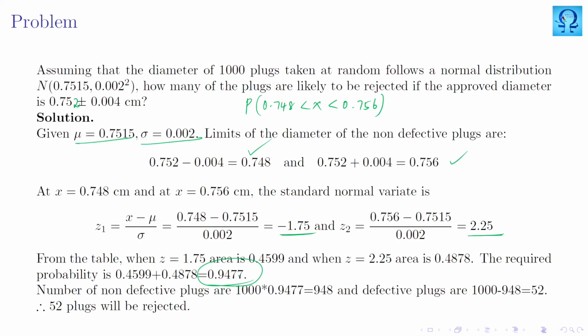That is the probability of accepting one sample. Now that you have 1000 plugs of that kind, just multiply 1000 with that quantity, that gives you 948 plugs, which means you will accept 948 plugs. Therefore the remaining we will have to reject. So we are rejecting 52 plugs.